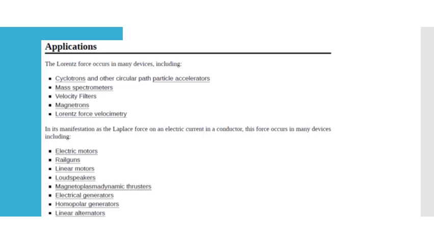Here are certain applications of Lorentz force. We use Lorentz force in many devices like cyclotrons or other particle accelerators. Cyclotron is one of the best applications where we use the Lorentz force.